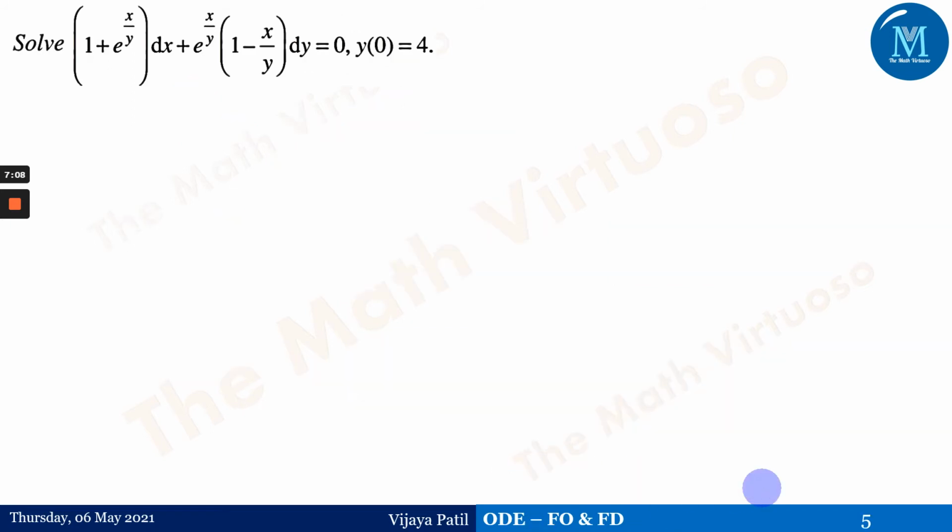Yes, and then this is specifically given to us in the Mdx plus Ndy form, but there is another condition given to you, an extra one that we have to take care of. This is known as a boundary condition.